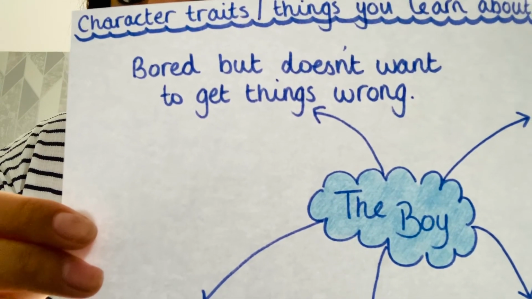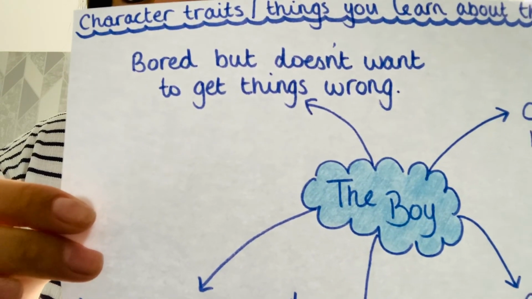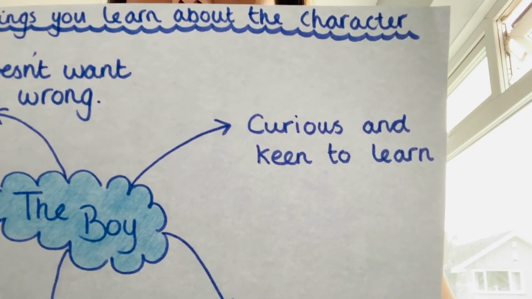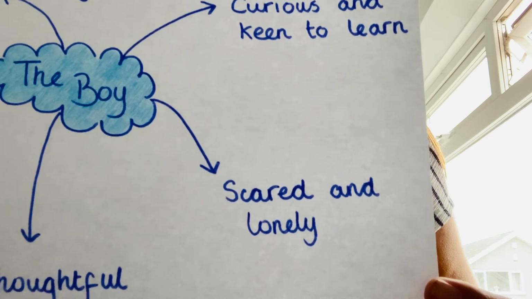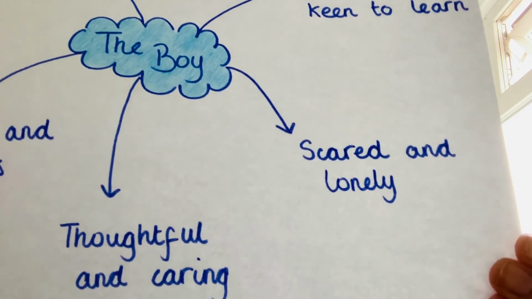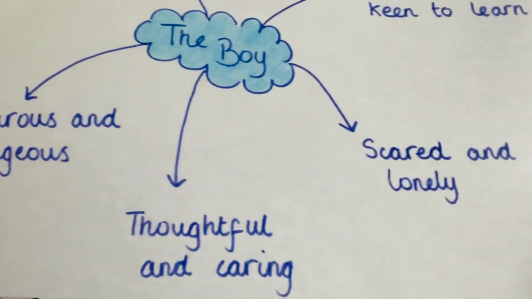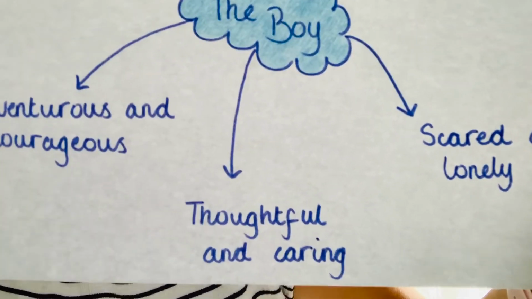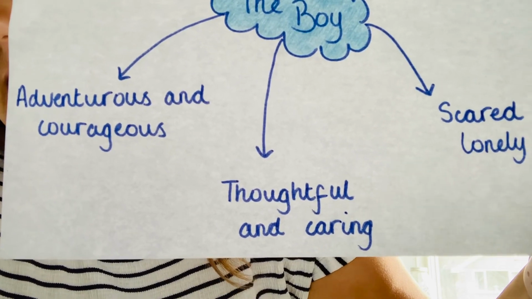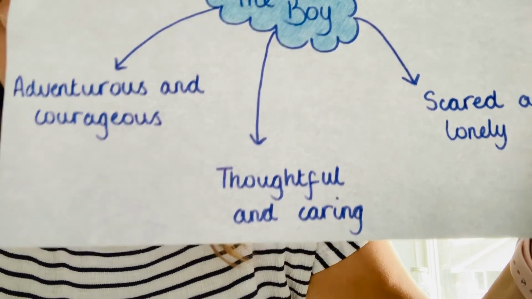Okay, and I'm going to show you more about why I think that later on. I think he's curious and keen to learn. I think he's scared and a little bit lonely. I think he's adventurous and courageous. And finally, I think he's thoughtful and caring.